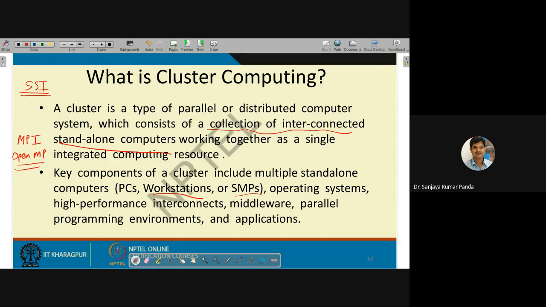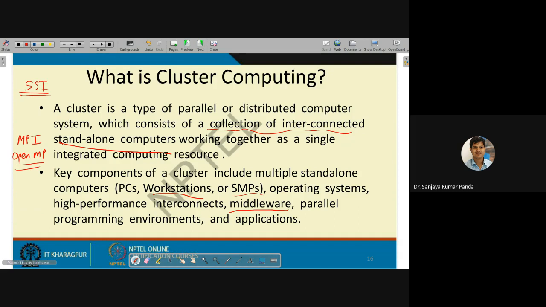Another important term you can note down is middleware. Middleware is generally used to provide you an abstraction. In object-oriented programming, we have studied abstraction, data abstraction. Abstraction is nothing but hiding some internal details. So middleware is used in the cluster to hide the complexity of the environment.